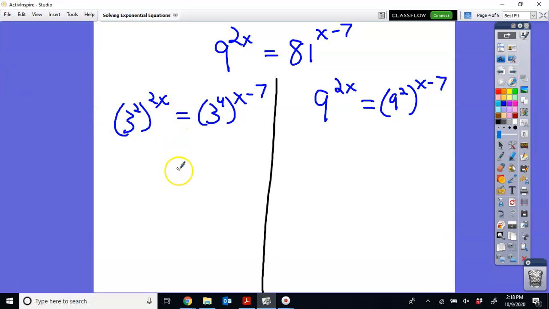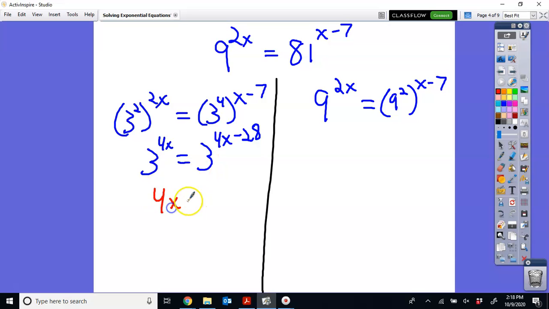So when you finish, hopefully what you noticed is you have this power to a power again, or exponent raised to another exponent. 2 times 2x would be 4x. 4 times x minus 7 is going to be 4x minus 28. And then what I do there is this base is equal to this base.